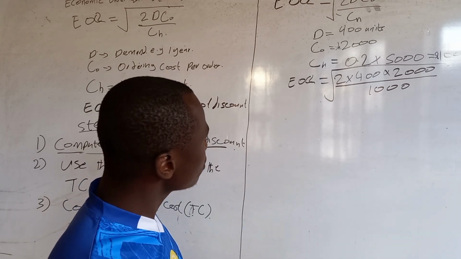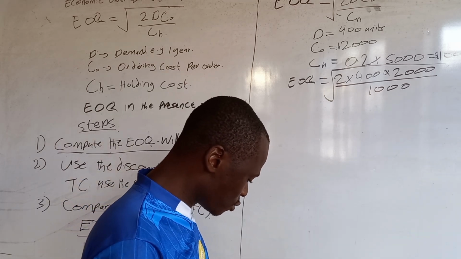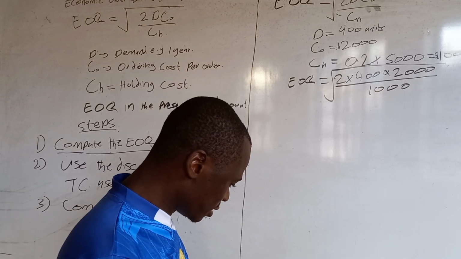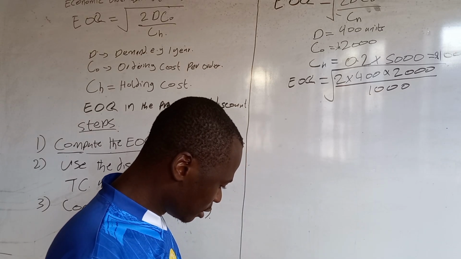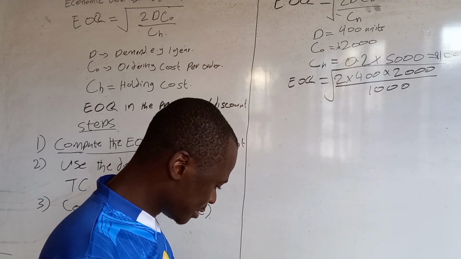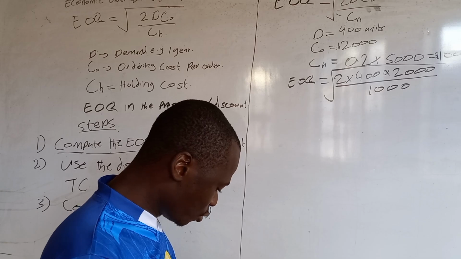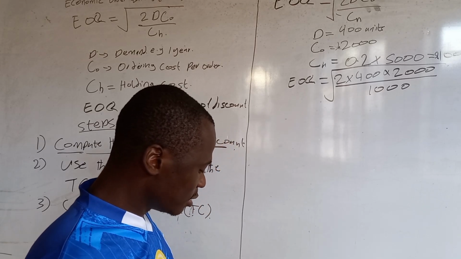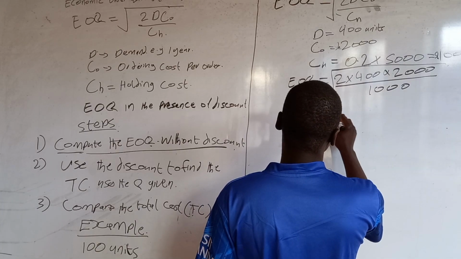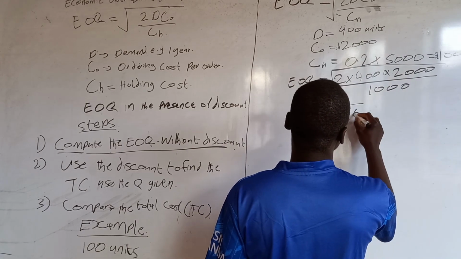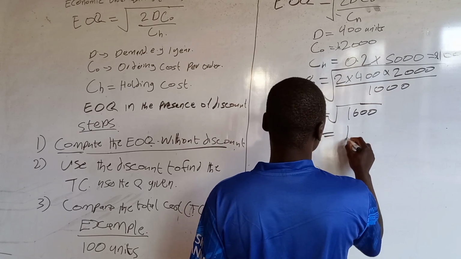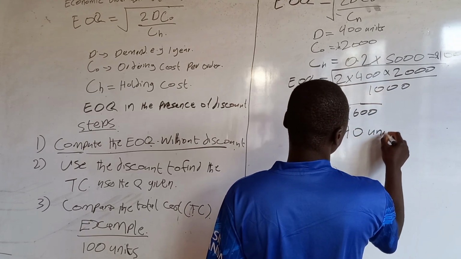I'm wrong somewhere. So this will be 2,000. 2 times 400 times 2,000. You get 160,000 divided by 1,000, then square root of 1,600. The square root of 1,600 will be 40 units.